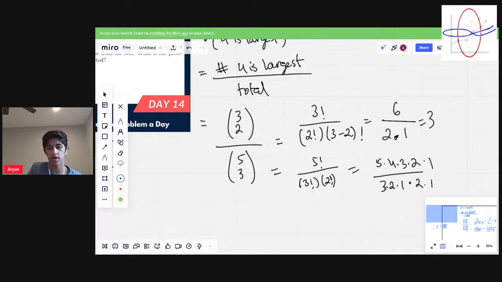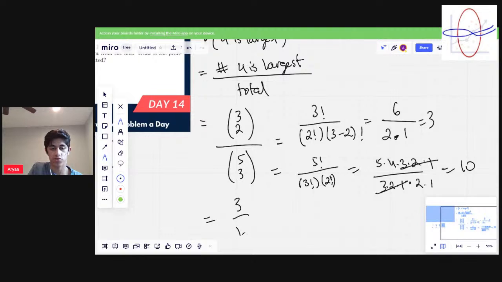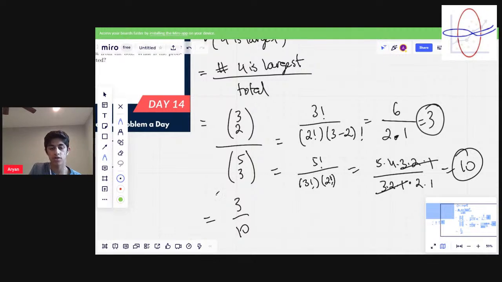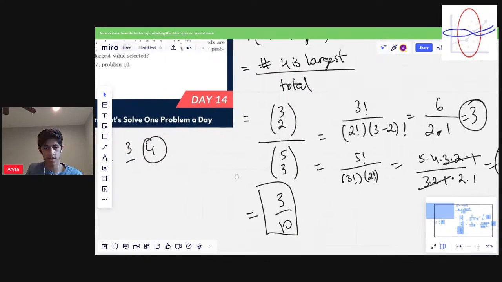So 5 choose 3, if we cancel this out, is basically just 5 times 4 divided by 2, which is 10. And so therefore, our probability is just 3/10, right? The numerator we got was 3, the denominator was 10. So 3/10 would be our final answer. And this is indeed the correct answer.